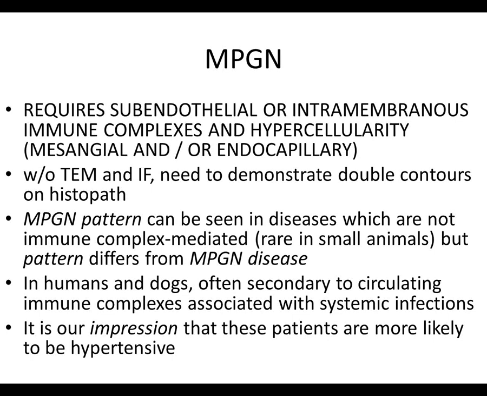Even though we rarely see the non-immune complex ones in veterinary medicine, they're very rare in small animals, we do see them. So that's why having the EM and the immunofluorescence to verify that it is immune complex mediated is really important for the clinician, because now they know they need to immunosuppress.